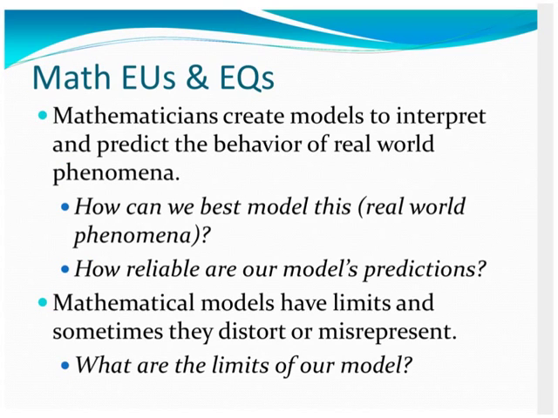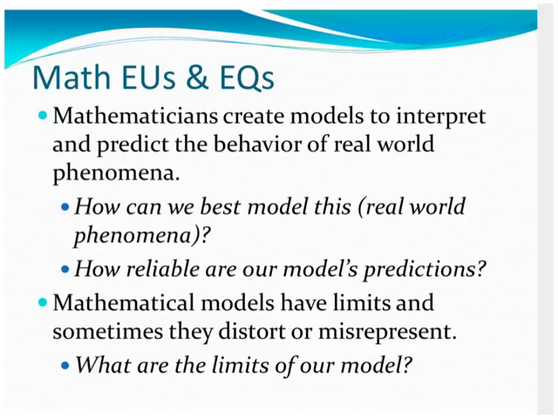Now, I know all my math and science geeks out there want me to give them an example. So here's one for math. These are some sets of enduring understandings and essential questions. As you can see, for the first understanding, I have 2 questions. And that's okay. You only want to do that when you need it. But my enduring understanding is, mathematicians create models to interpret and predict the behavior of real-world phenomena.